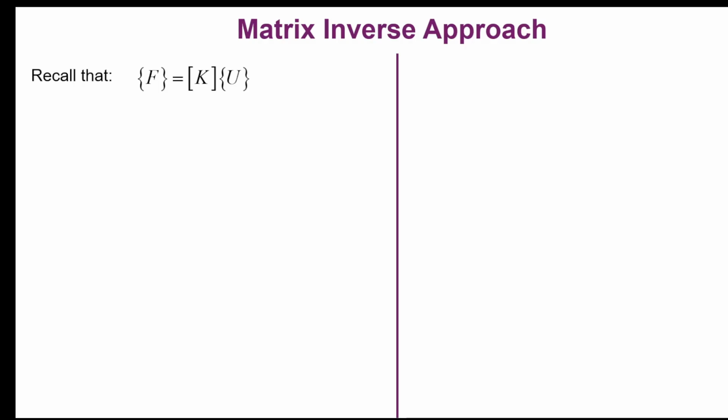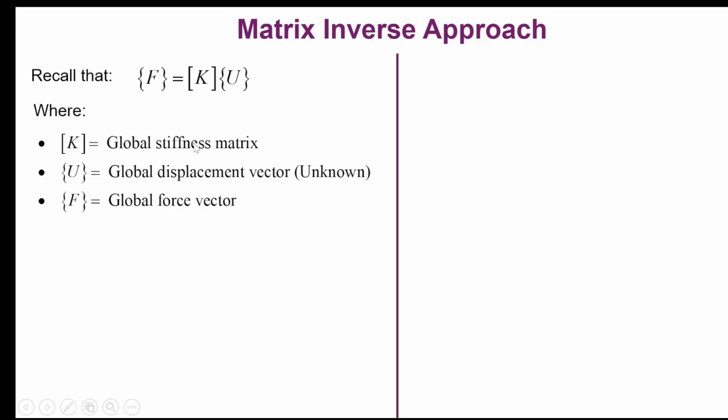Recall that F is equal to KU, which we derived in the first part of the lesson. What is K? K is the global stiffness matrix, U is the global displacement vector, and F is the global force vector.